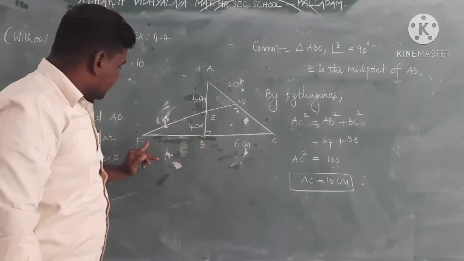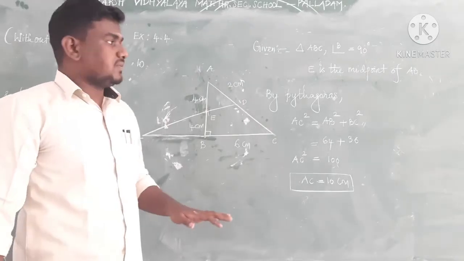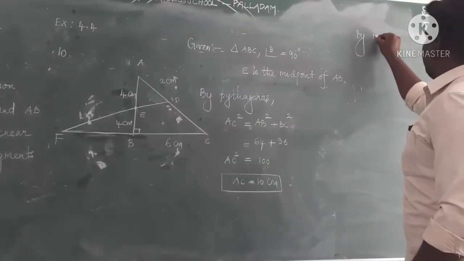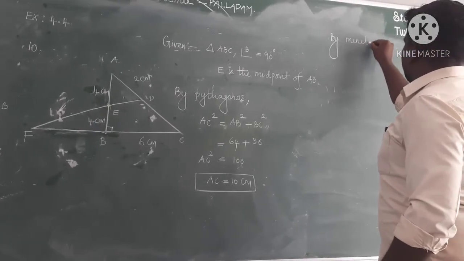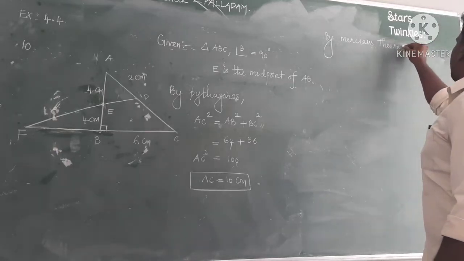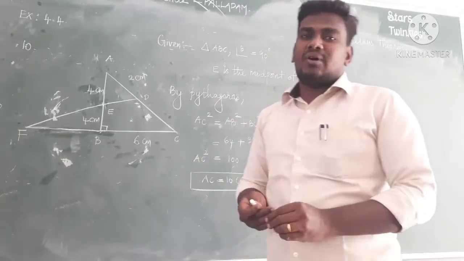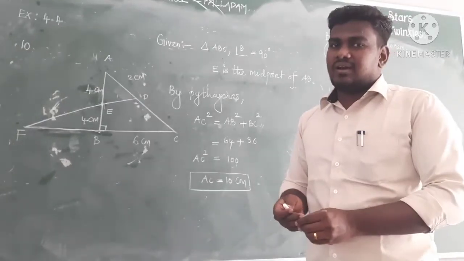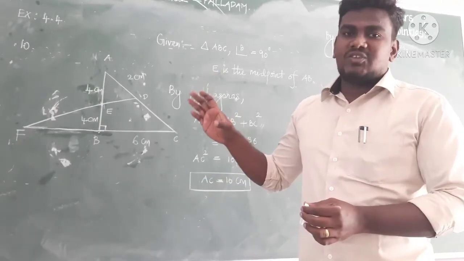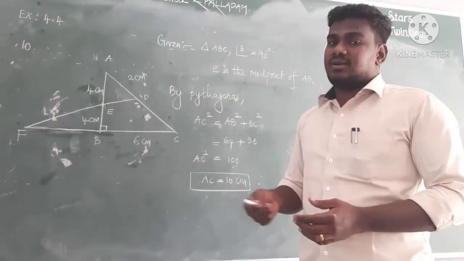Okay. So now we are going to find the length of the side BF by using Menelaus theorem. By Menelaus theorem, the necessary and sufficient condition for the 3 points to be collinear on this triangle ABC is that the product of the ratio of their sides is equal to 1.